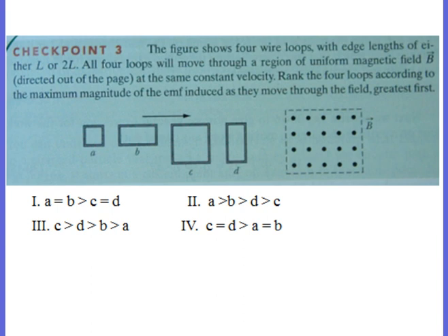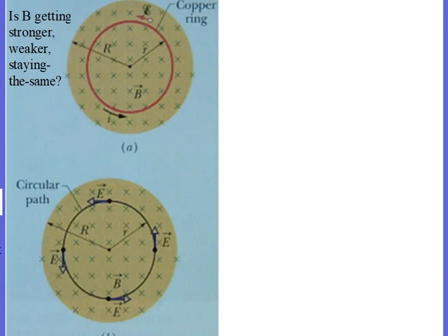Here is a checkpoint for you to do, and I expect you to do a great job with it. Now, this is very interesting. Here in this first scenario, what you have is a region of magnetic field. Only inside of the yellow is there magnetic field. It's pointed away from us.